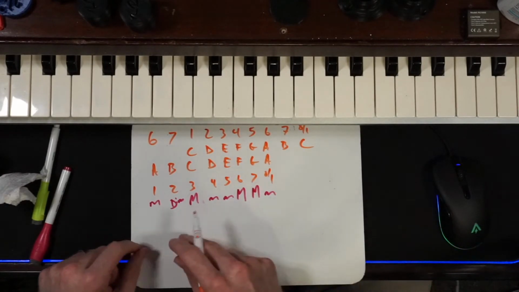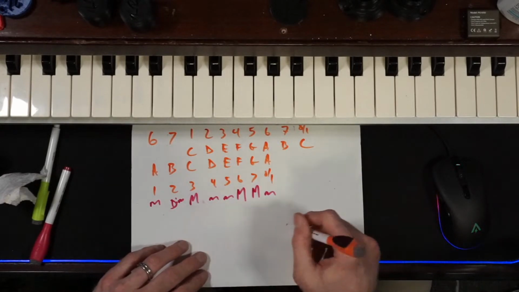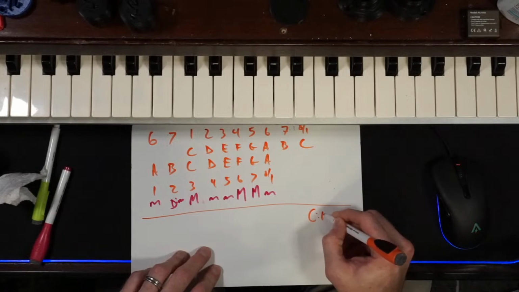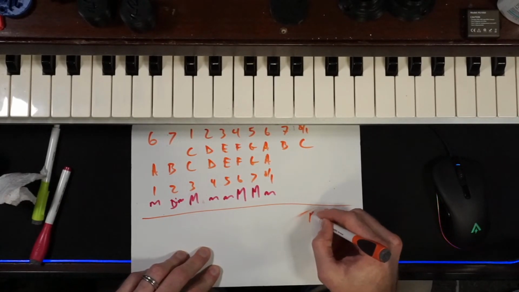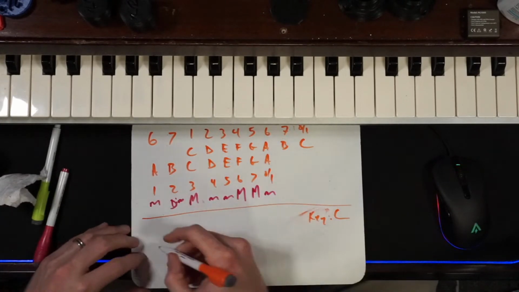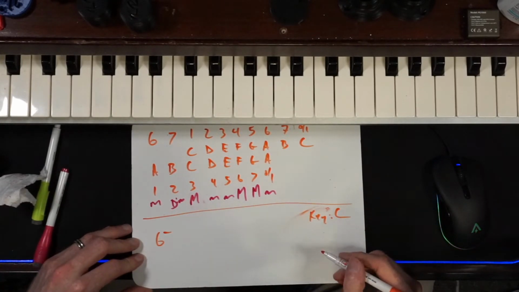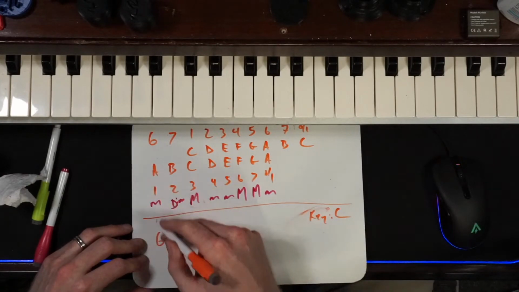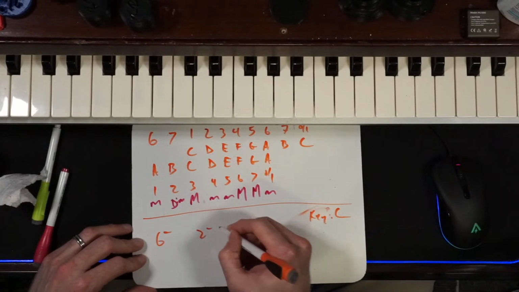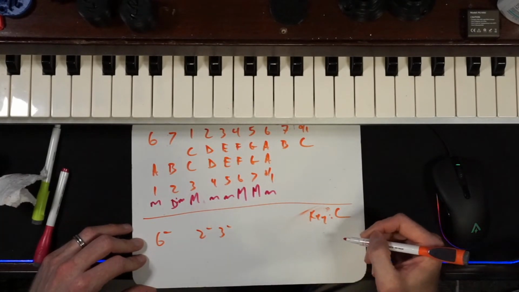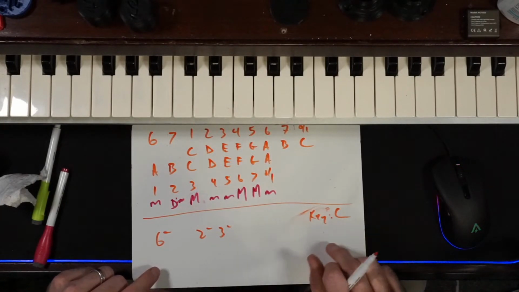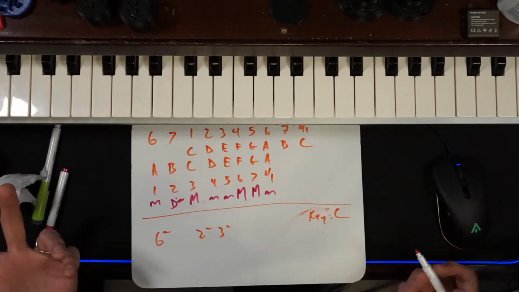So even if a key is A minor, the top of the sheet will say the key of C, and then the first chord is a 6 minor, and you're like, wait a minute. Then you realize it's playing the 2 minor and then the 3 minor. Wait a minute, we're not actually in the key of C, we're in the key of A minor.